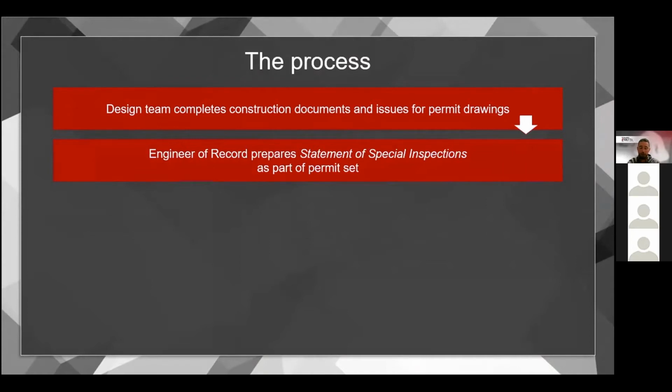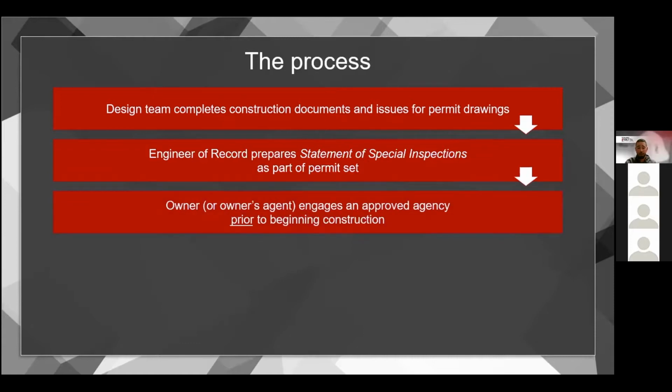And then the owner or the owner's agent engages an approved agency prior to the beginning of construction, or hopefully prior to the beginning of construction. We'll get calls sometimes with the project starting that morning. The approved agency will submit regular reports to the building official and the EOR, make sure that things are staying on track.